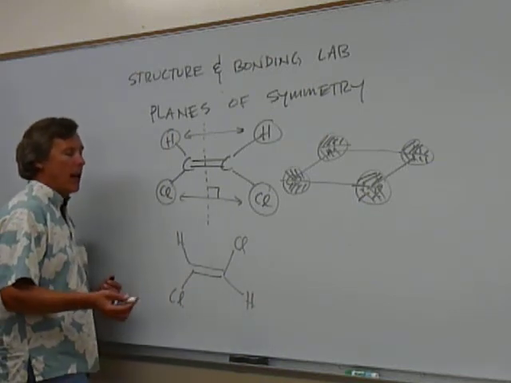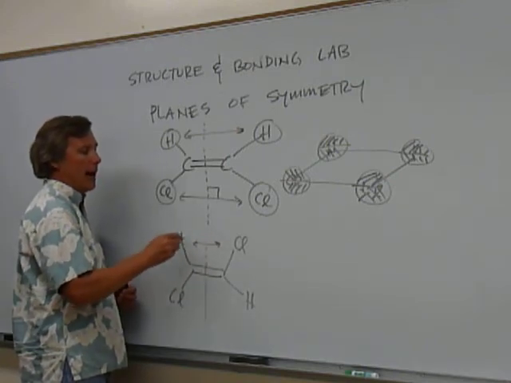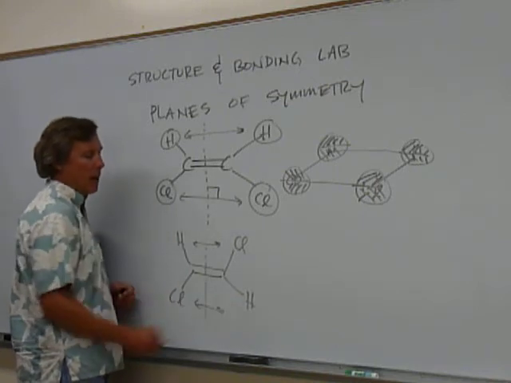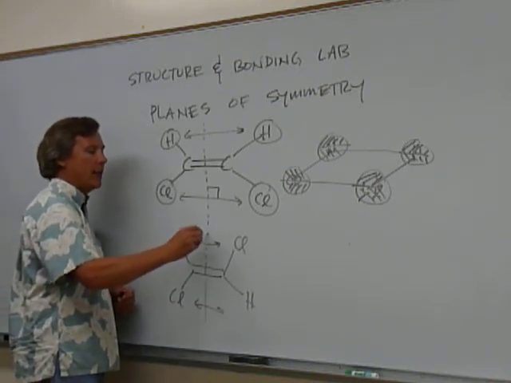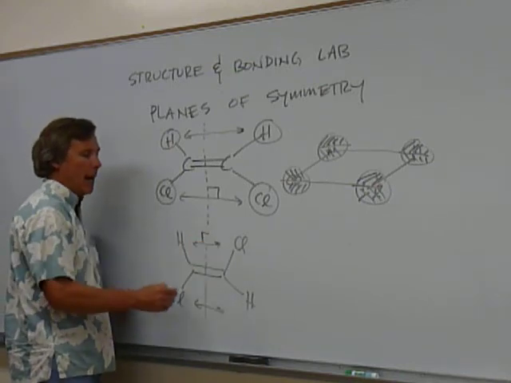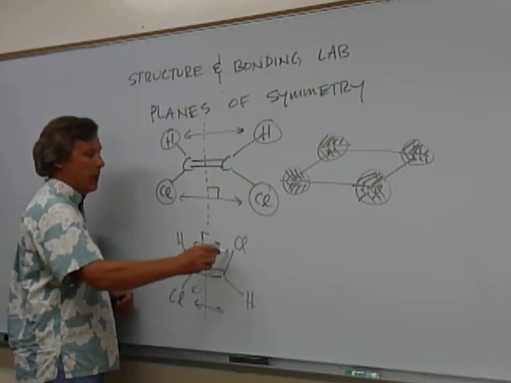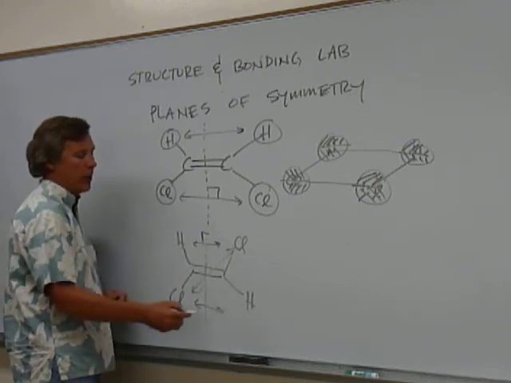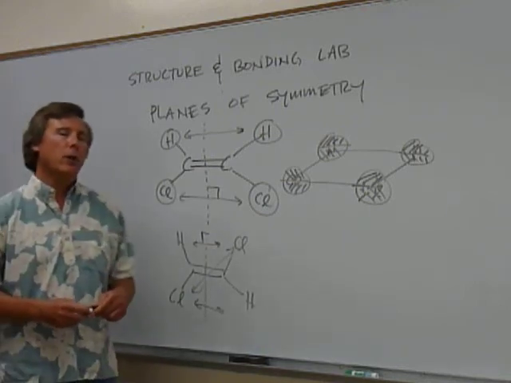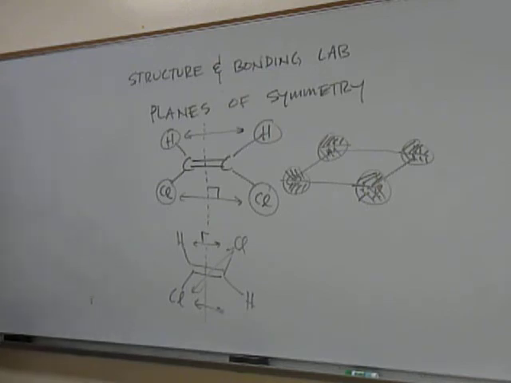One thing it doesn't have, when I split here and reflect across, the hydrogen doesn't match with the chlorine, the chlorine doesn't match with the hydrogen, and I must reflect at 90-degree angles. I cannot reflect across the plane at 45 degrees. There is not a plane of symmetry in this direction. I only have one plane of symmetry in the trans molecule. That is the plane in which the atoms lie, the plane of the board.